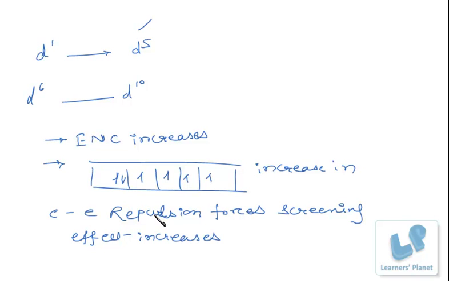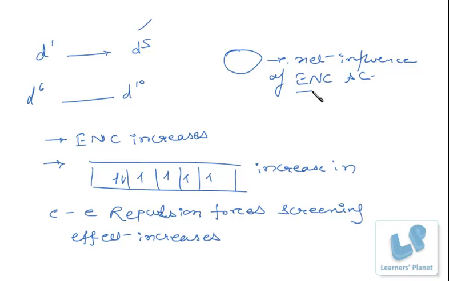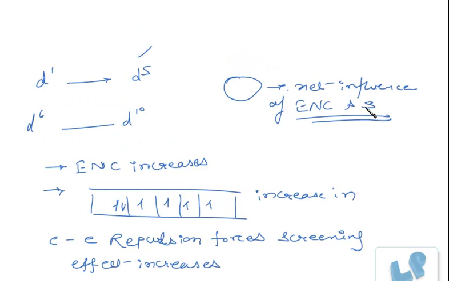Now students, what will happen? The size of this atom will be the result of the net influence of effective nuclear charge and screening effect both. Now the nuclear charge is increasing as the atomic number is increasing.